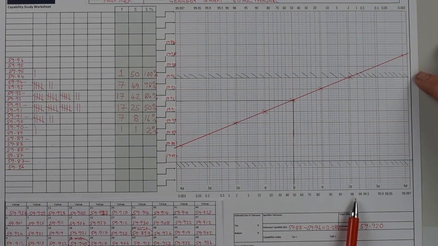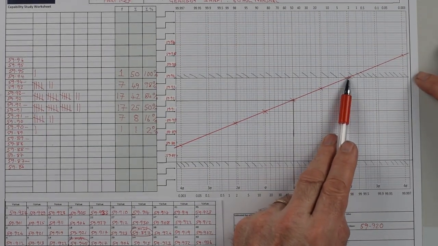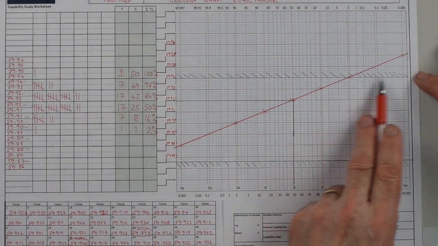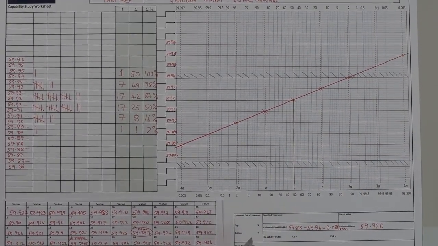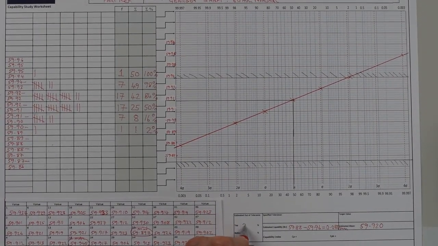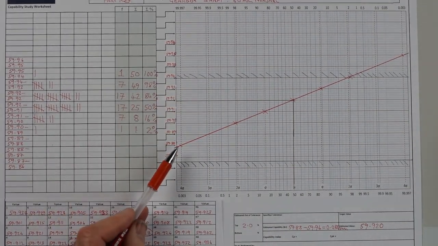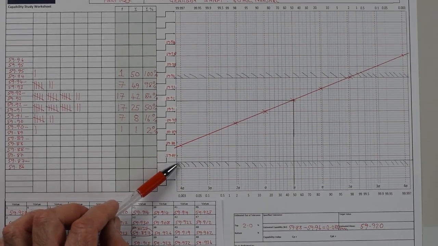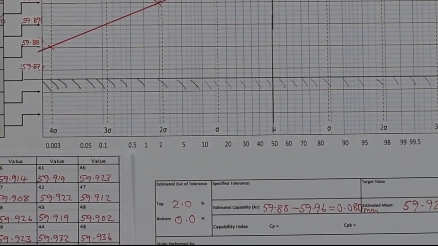So looking on the percentage scale, we can see that 98% of our product is within specification, but we are failing 2% of our product above the upper specification limit. However, on the other end, we see that at the 4 sigma point we are failing no product whatsoever, so the bottom is all within specification.